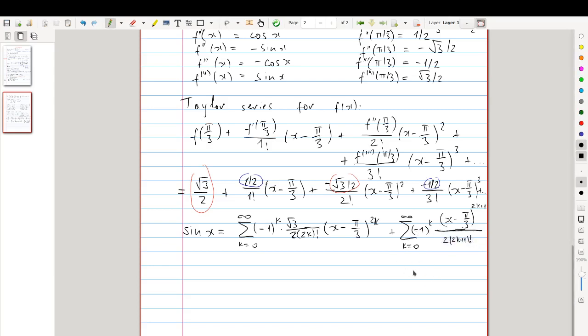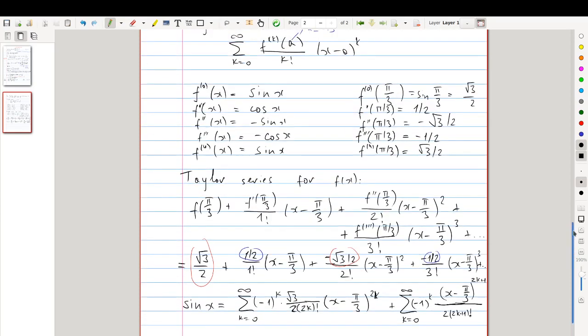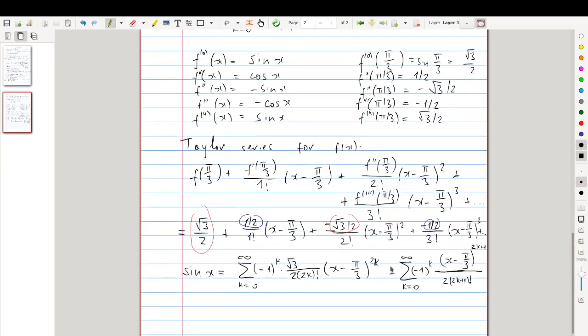And so this completes the Taylor expansion for sine x at pi over 3. We have to represent the expansion as 2 different sums because the corresponding expressions are slightly different for the even and odd numbered derivatives.